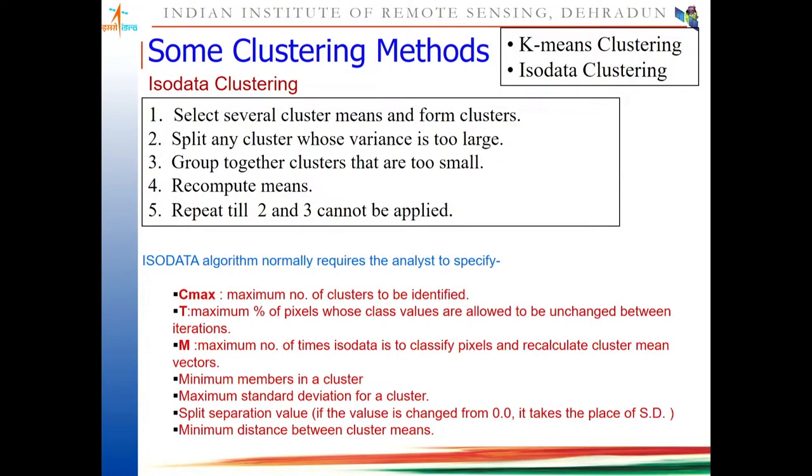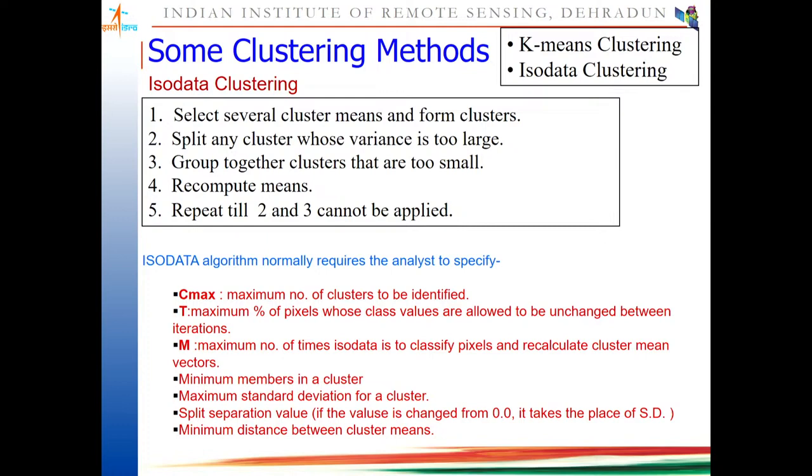ISODATA clustering focuses on selecting several cluster means and forming clusters. It splits any cluster whose variance is too large into separate clusters or groups. Then it groups together clusters that are too small and recomputes the means.